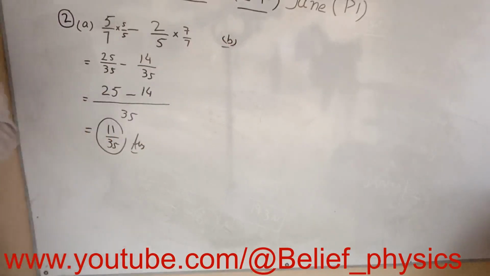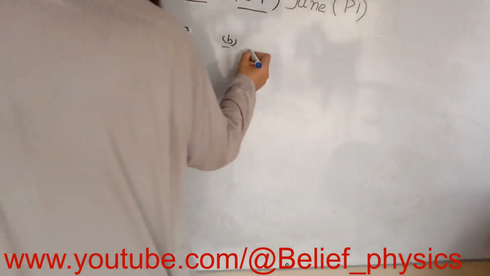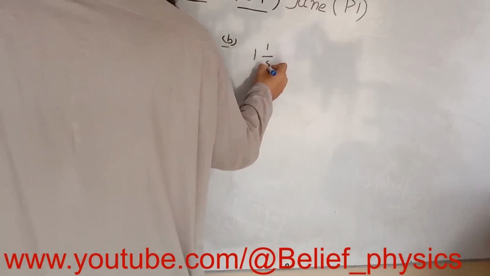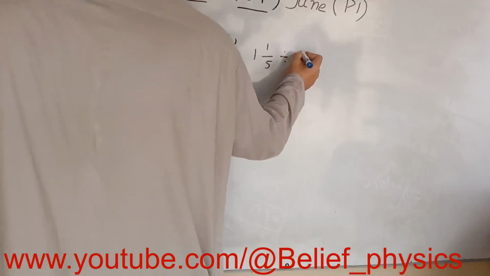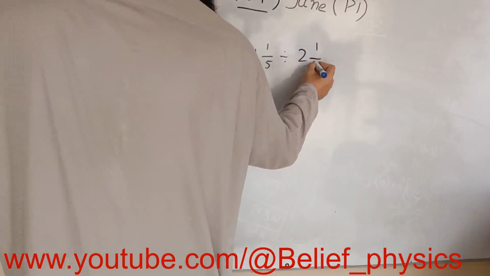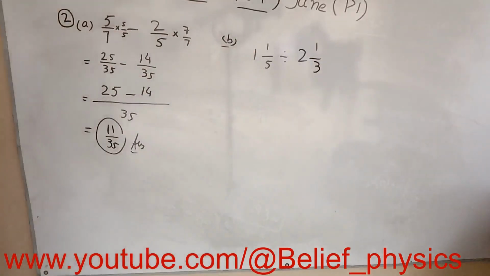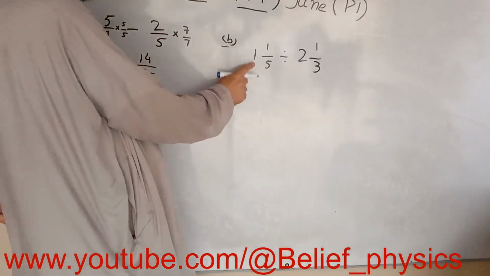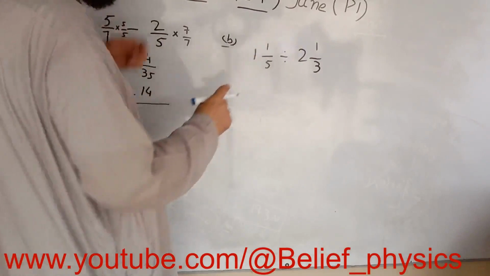Part B of question number 2 is 1 and 1/5 divided by 2 and 1/3. These are mixed fractions. First we will convert these mixed fractions into improper fractions.